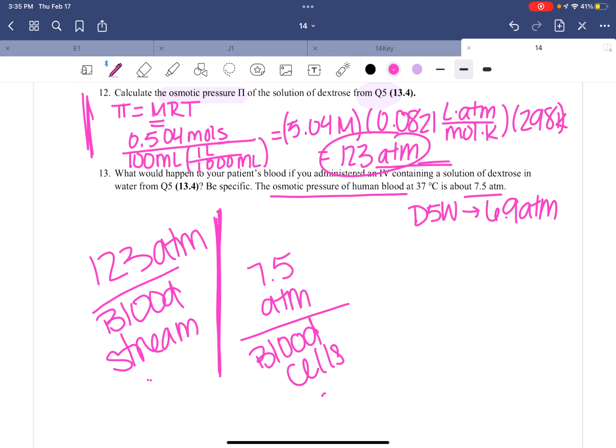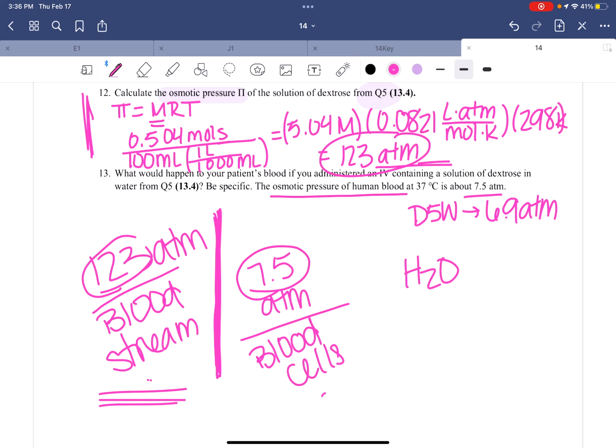And the thing about this membrane is that it does not allow those dextrose molecules to cross the membrane, but it does allow water to cross. And so we want to try and equalize these two pressures, because this is a really bad situation for your body to be in. And so there's more dextrose molecules on the left here.